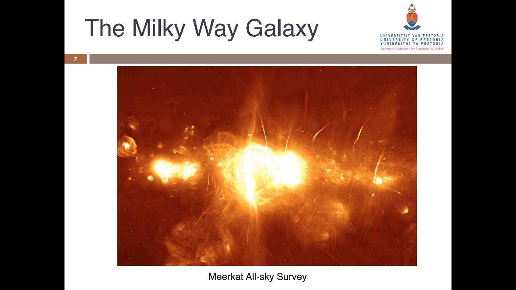This is probably the most detailed image of the center of our own Milky Way galaxy. Here we can see the core of the galaxy where the supermassive black holes are. Here we can see the Crab Nebula remnant, the supernova remnant of the Crab Nebula. Here's another supernova remnant.